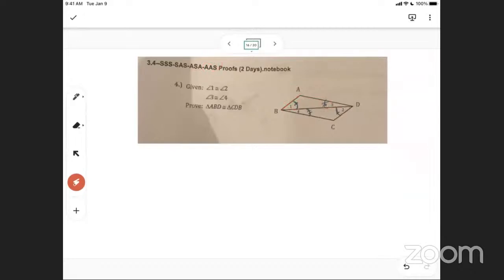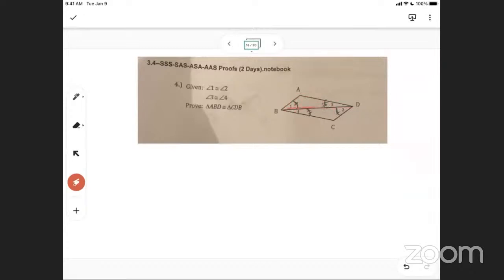You wouldn't go this way because you would be skipping a side and an angle to get to over here. So that's where it would be angle, side. If they gave you this side and this side were congruent, but they aren't. They're only telling us that these angles are congruent, 1 and 2 and 3 and 4.